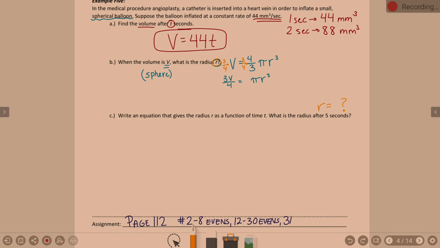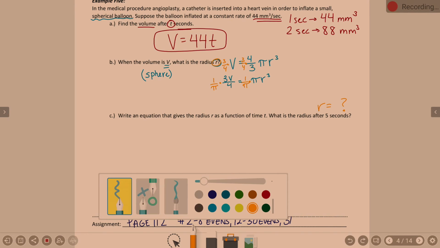I can also, because I already have a fraction over here, put pi in the denominator. Pi is going to go in the denominator, right? So I'm going to actually write this as multiplying by 1 over pi. Multiplying by 1 over pi is the same thing as dividing by pi. You with me there?